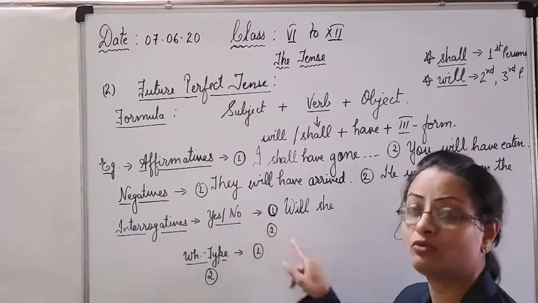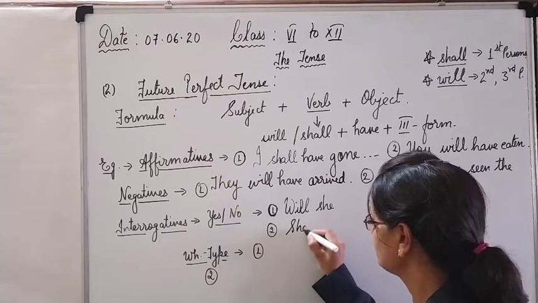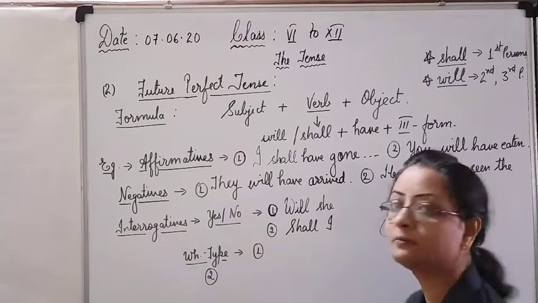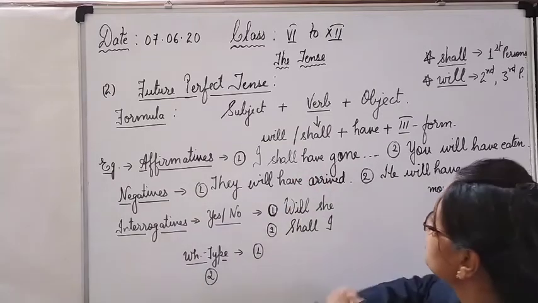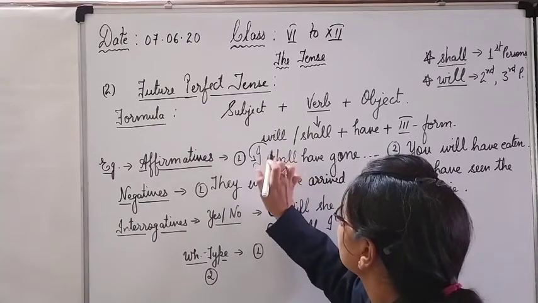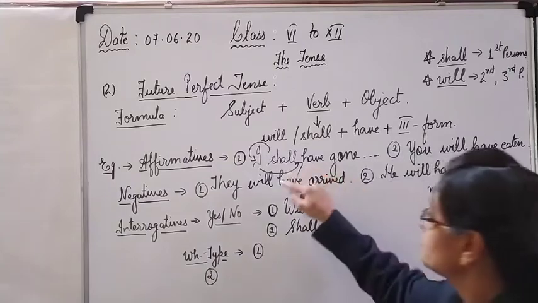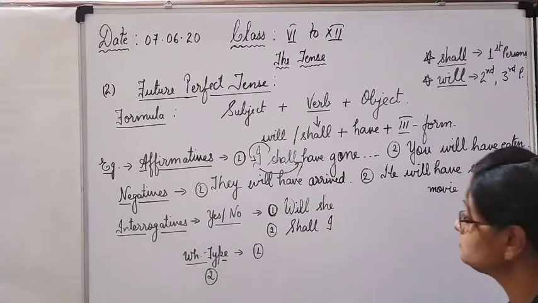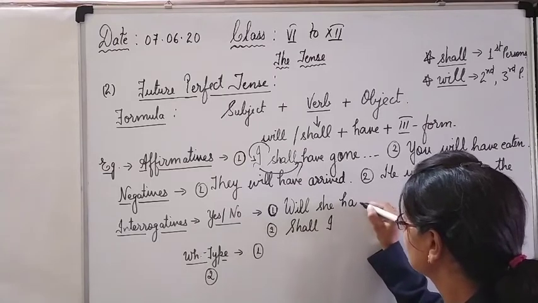Then yes or no negative. We will take shall. Shall I? Then what you have to do? We only have to interchange the position of these two. Clear? This shall will come over here and I will go there.